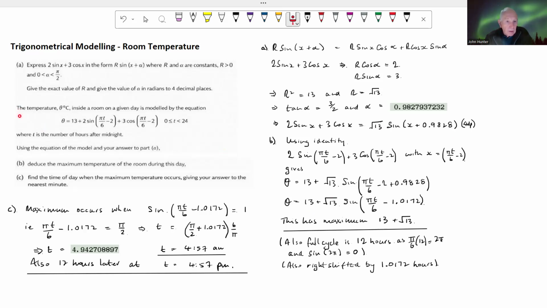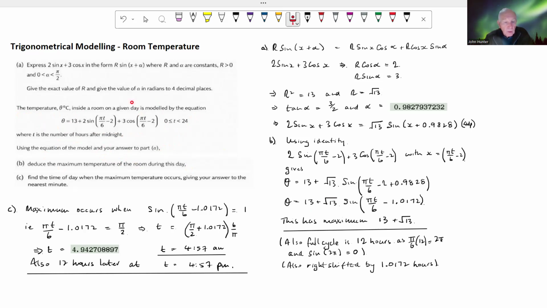Right, the second part: the temperature theta inside a room on a given day is modeled by the equation theta equals 13 plus 2 sine t plus 3 cos t, where t goes between 0 and 24, the number of hours after midnight. Using this equation and your answer to part A, deduce the maximum temperature of the room during this day.